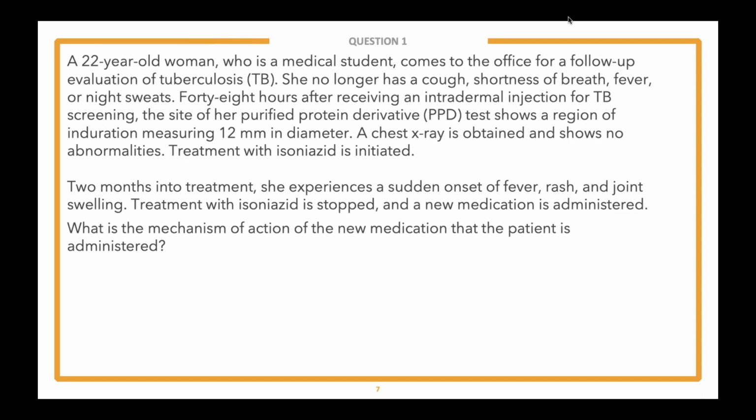So here we go. A 22-year-old woman who is a medical student comes to the office for a follow-up evaluation of tuberculosis.